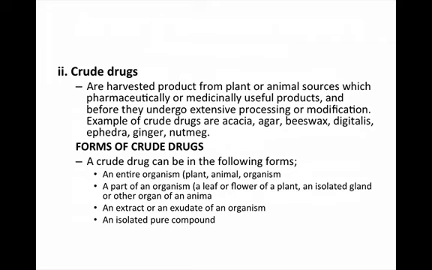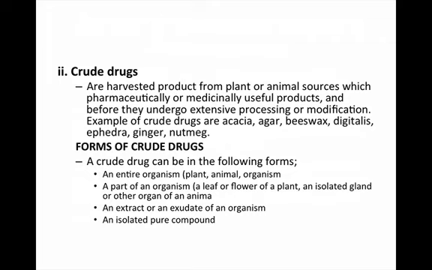Au crude drugs form ya pili, anaweza kuwa a part of organism. Mfano inaweza kuwa leaf au flower of the plant, ambayo hiyo yote ni part of the plant. Lakini pia inaweza kuwa isolated gland or other organ from an animal.